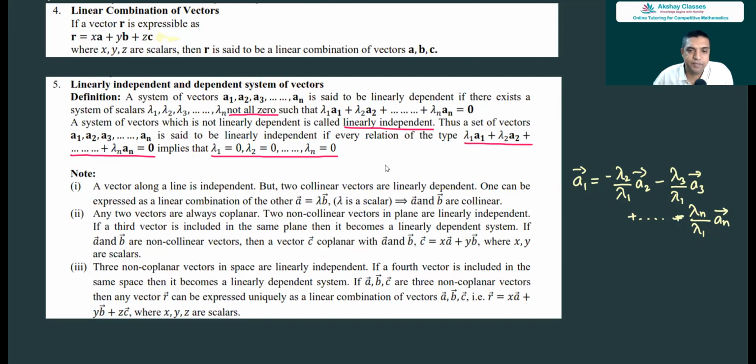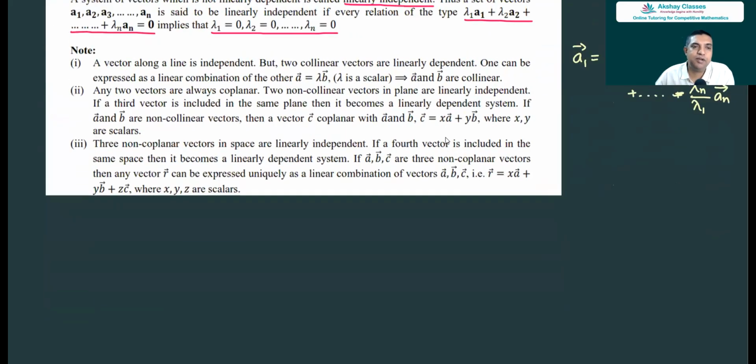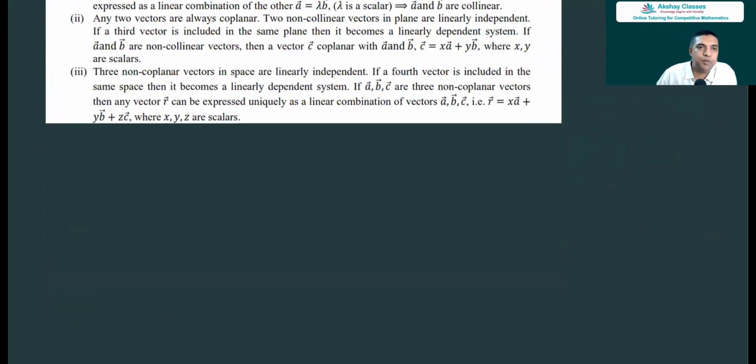For example, the simplest vectors, we know i cap and j cap. I cap is a vector along the x-axis. J cap is a unit vector along the y-axis. Now these are perpendicular.